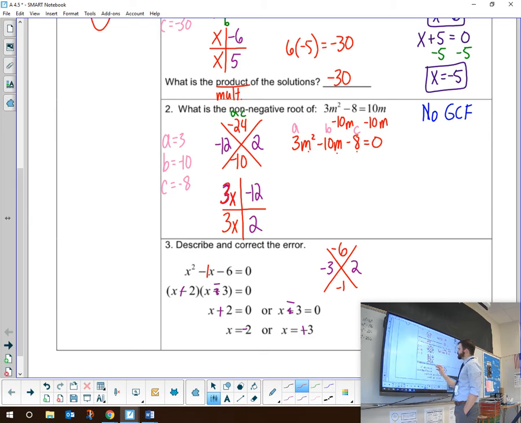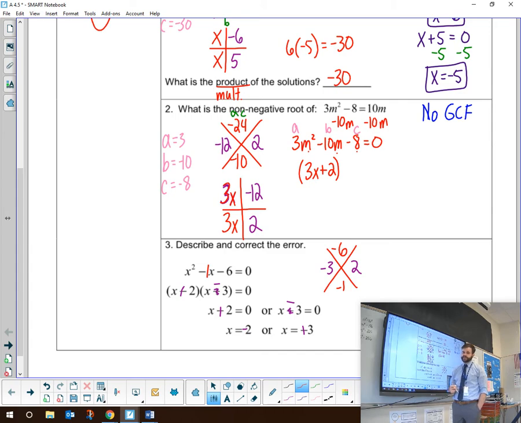My first one here, 3x plus 2, can't reduce, so we're just going to have 3x plus 2 as my first factor. However, this next one can simplify. 3x minus 12 can simplify.